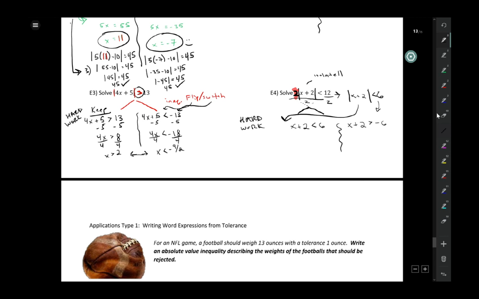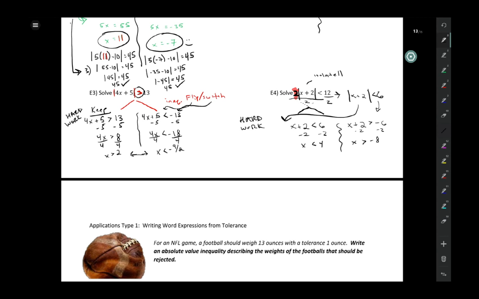And after you do all that, it should be a little easier, okay? Minus 2, you have 4 is less than x. Minus 2, negative 8 is greater than or less than x here. Okay, easy peasy stuff there.